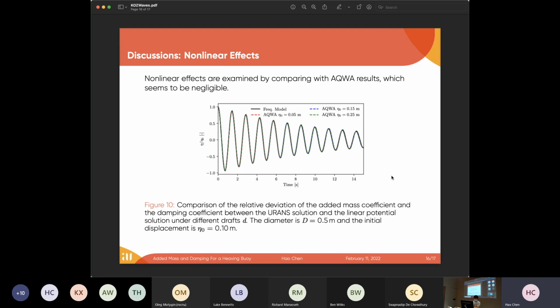Surprisingly, we didn't really find any nonlinear effects, which means that the results from Aqua are more or less the same as the frequency domain results. So if you directly compare the linear potential model with the CFD model, the deviation is primarily due to the viscous effects.